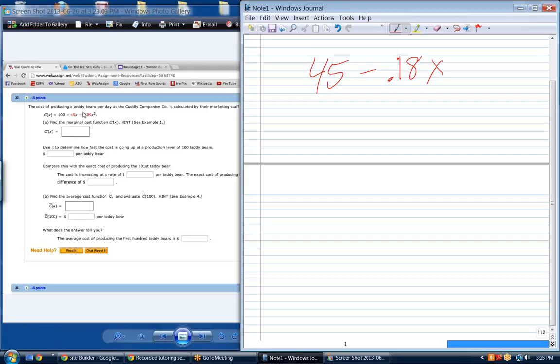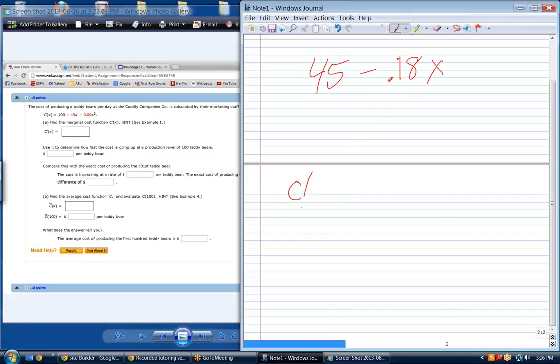Well, let me think about this a second. It seems to me that if we figure out the cost of producing 100 teddy bears, and then figure out the cost of producing 101 teddy bears, and subtract those two costs, that'll be the exact cost of producing the 101st teddy bear. Okay. So let's do that.